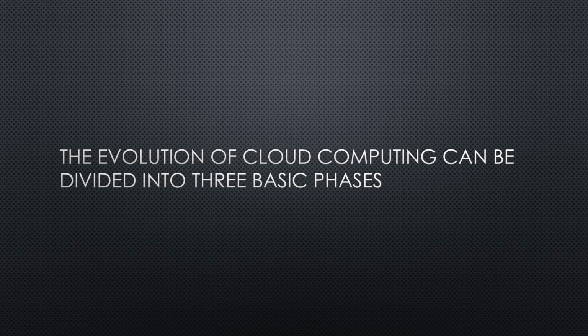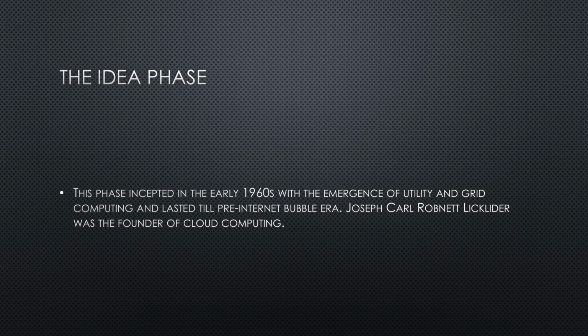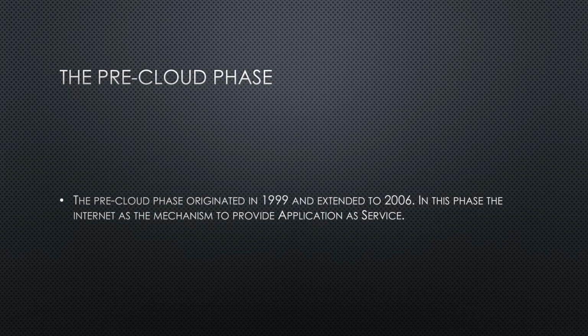The evolution of cloud computing can be divided into three basic phases. The idea phase began in the early 1960s with the emergence of utility and grid computing and lasted till the pre-internet bubble era. Joseph Carl Robnett Licklider was the founder of cloud computing. The pre-cloud phase originated in 1999 and extended to 2006.